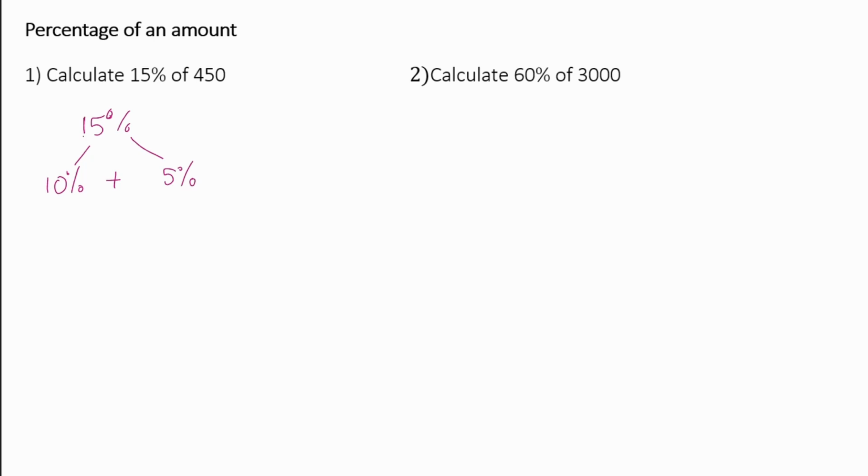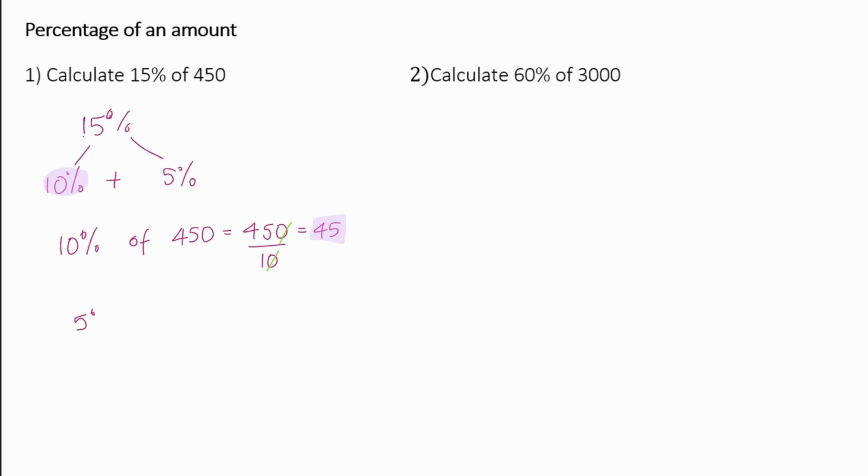So we are first going to find 10% of 450, and in order to do that, as we previously saw, 10% of an amount means we just have to divide the amount by 10. So we are going to divide 450 by 10. We can cancel out the zeros, and this gives us 45. So 10% of 450 is 45.